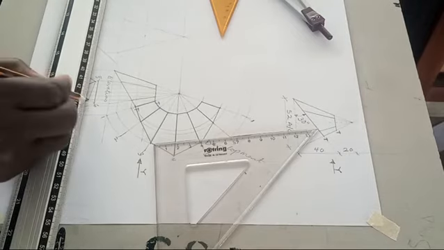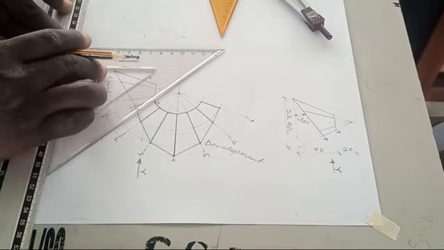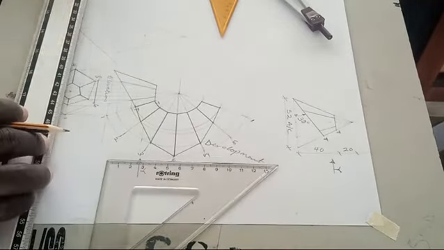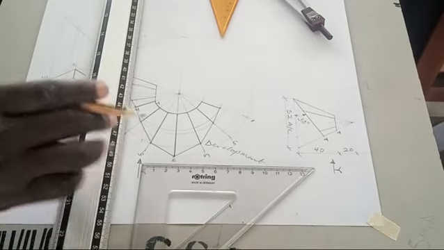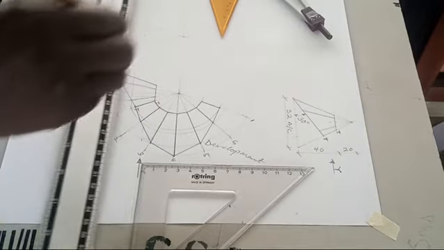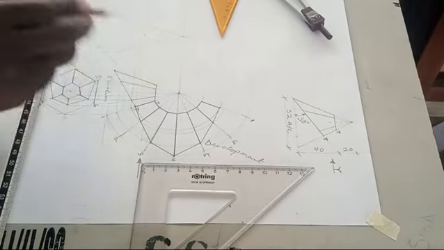Let us see. 6 goes this way, and you take it up to meet 6. You can see this is our point of 6. If you have done it correctly, it should meet at this point. You can see it's meeting at this point. This is 6 going to 6.